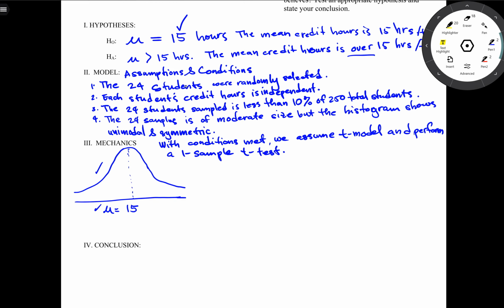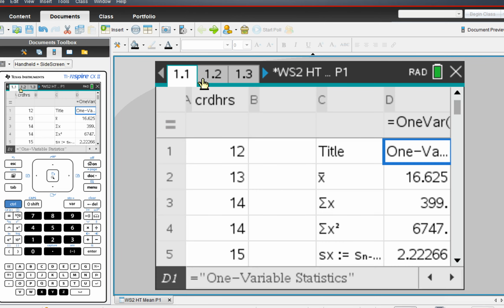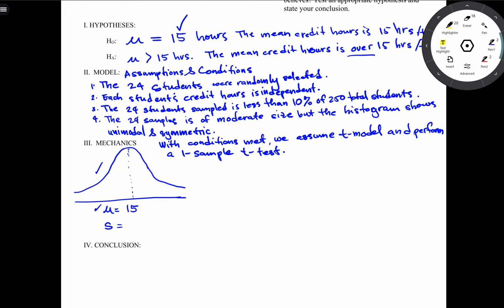The spread, the S, if you remember, is the standard deviation. Take a look at this one, it's 2.223 hours, but don't forget to divide that by the square root of the sample size, 24.